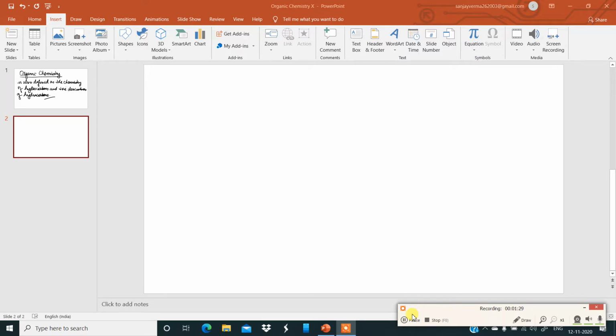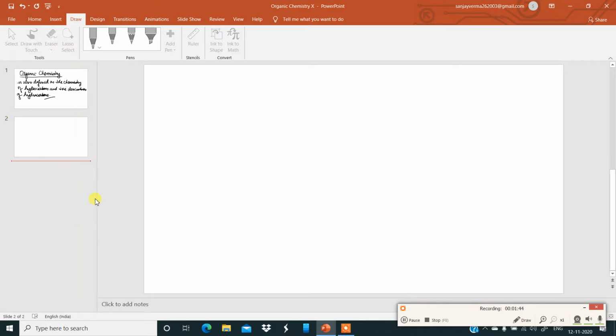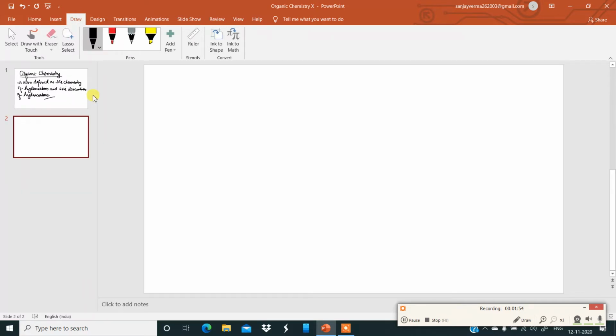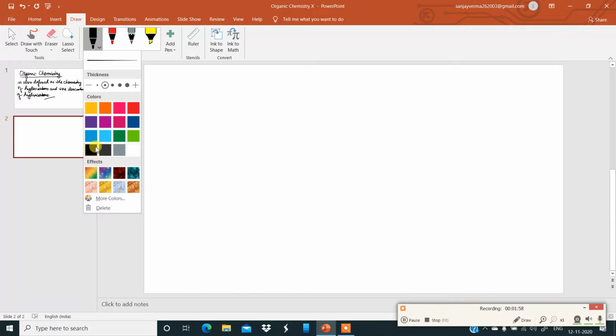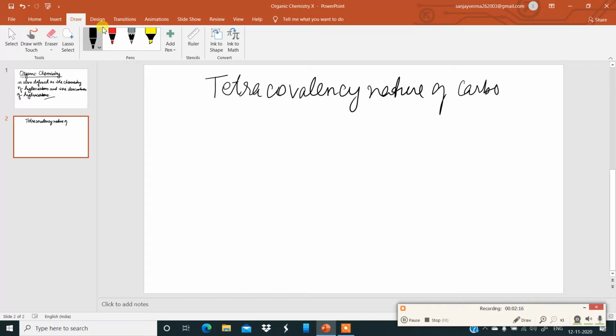The reason there are so many organic compounds can be attributed to the tetracovalency nature of the carbon atom. Now, what does this tetracovalency nature of carbon mean?